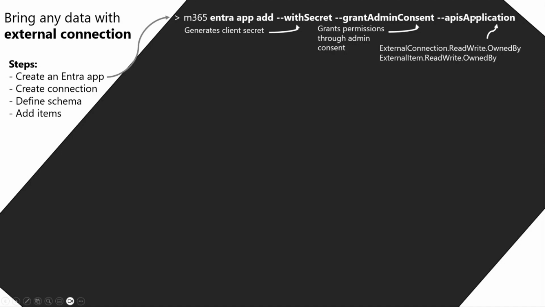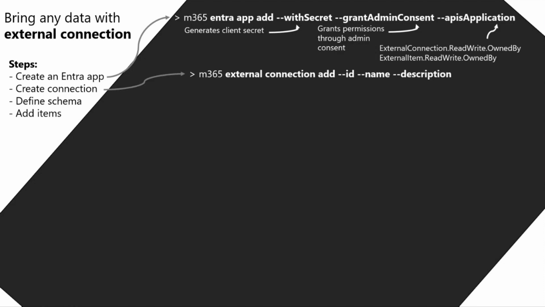The option base application is a list of application permissions. The grant admin consent flag ensures that permissions are granted through the admin consent, and the option with secret will generate a new client secret which can be used later for authorization.